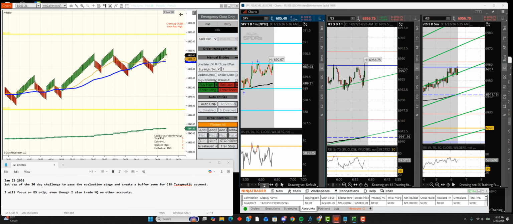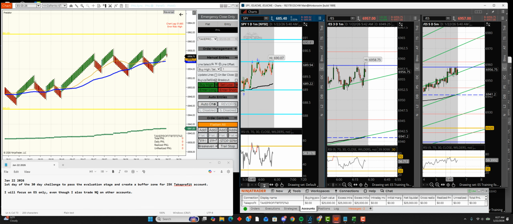Here we've got the ES. I'm using a Ninja Renko chart of 6-1. On the right side, I've got ES on a 5 minute, which is right here, a 1 minute, and I also have SPY on the 1 minute chart as well.